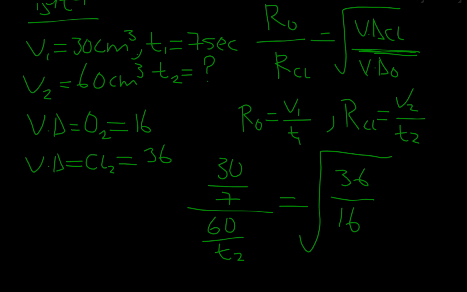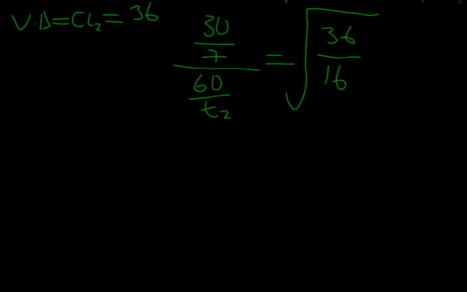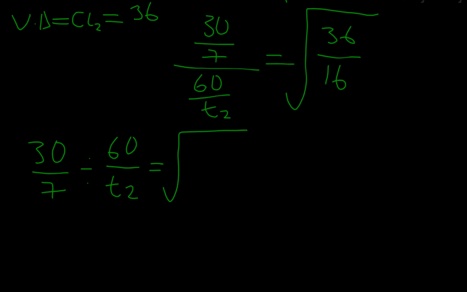And next, 30 over 7 divided by 60 over T2 equals, I'm trying to rewrite this, the square root of 36 over the square root of 16.